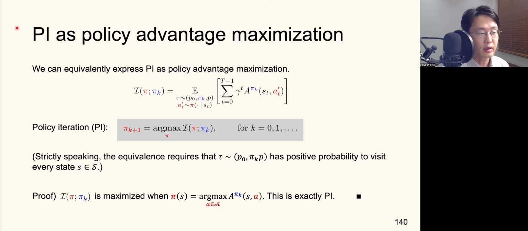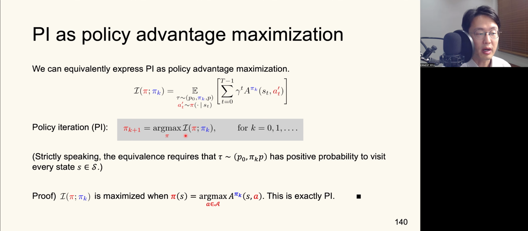Now, it turns out the classical policy iteration can be expressed as maximizing the policy advantage. Here, I'm just repeating the definition of the policy advantage I. And my claim is that policy iteration can be written in this way. So this one-line description of the algorithm is: at iteration k, we have policy pi k.